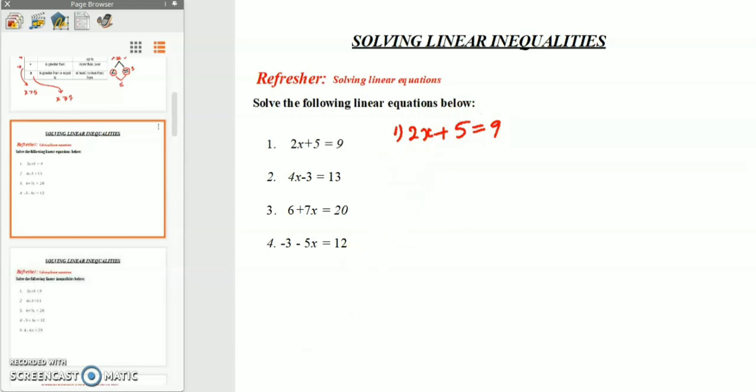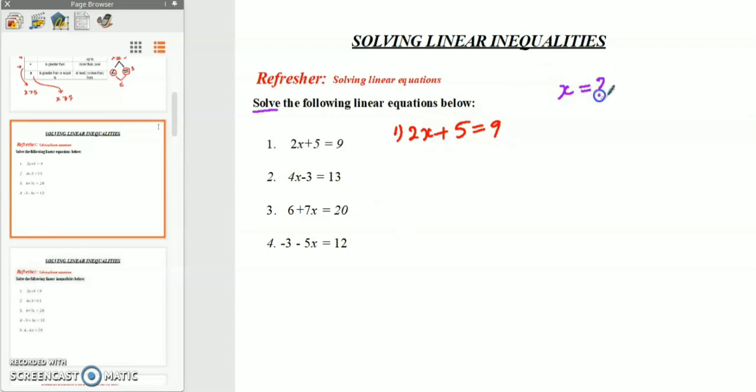Right, so the first thing you ask yourself: what does it mean when they ask you to solve an equation? In this case, solving this equation would mean that you should find a value for x.